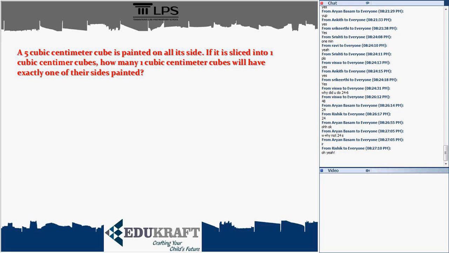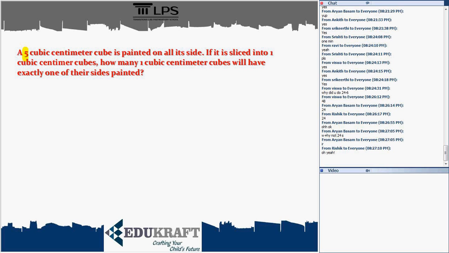Here's another. A cube with all its sides painted, sliced into 1 centimeter cubes. Read it carefully. It is centimeter, 5 cubic centimeter means 5 by 5 by 5.